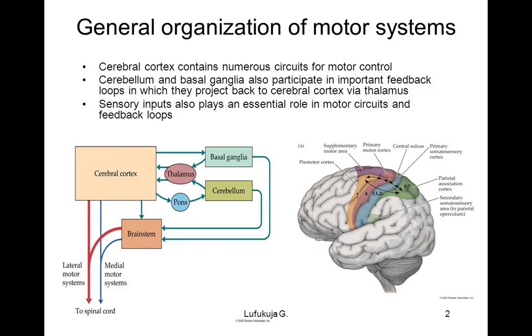Otherwise, the rest of the extrapyramidal tracts are all concerned with postures. So anyway, basal ganglia and cerebellum are going to refine the movement, and you see that the cerebellum even influences the rate, the force, the direction, the range of movement, all right.